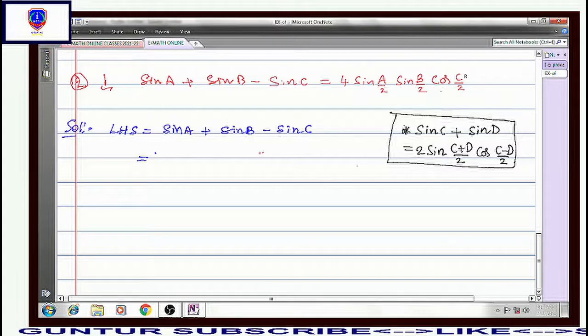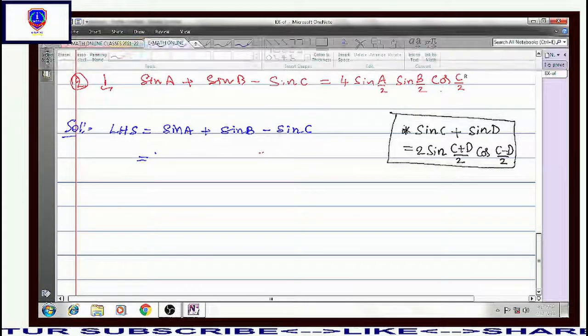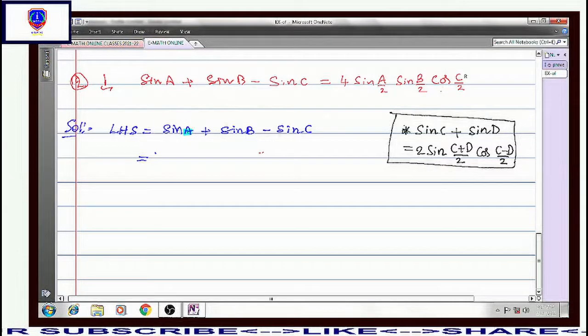Here C stands for A. Whenever C occurs, there you have to write this capital A, and D stands for B. Whenever D occurs, there you have to write B. Fine.